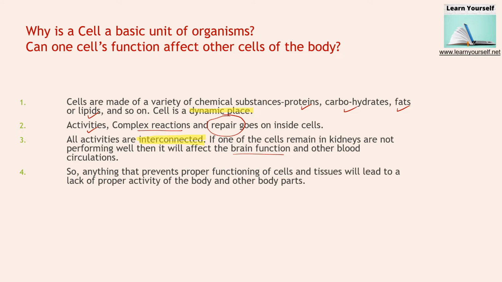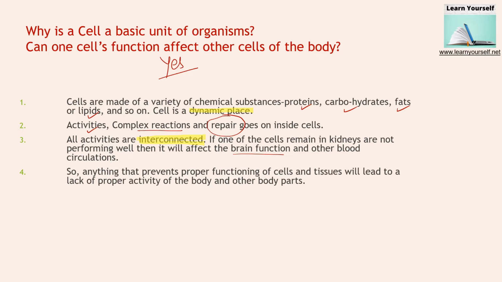Anything that prevents proper functioning of the cells and tissues will lead to a lack of proper activity of the body and other body parts. So yes, if one type of cell or tissue is not performing properly, then it is going to affect other cells, body parts or organs.